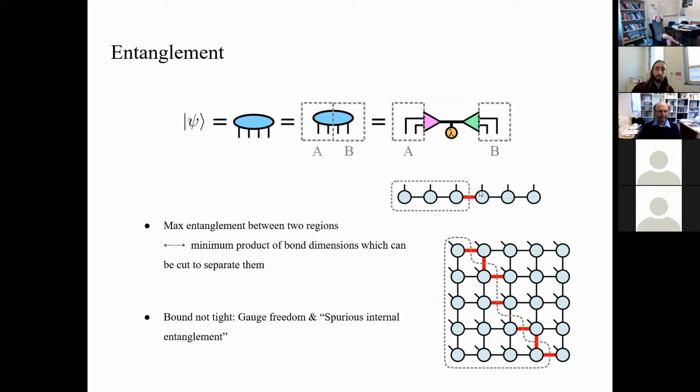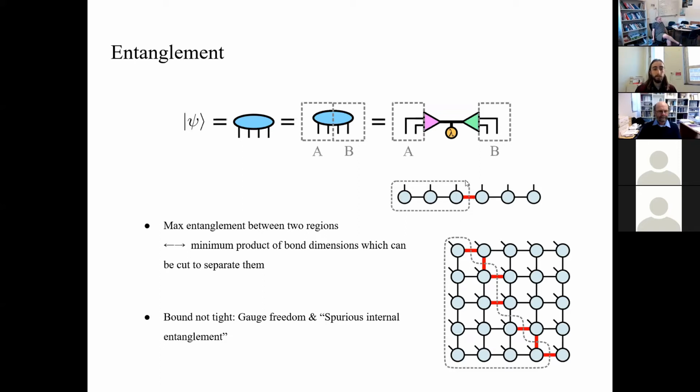The maximum entanglement which can exist across a cut in a tensor network is determined by the product of bond dimensions across the cut. So we can imagine grouping these sites and taking an SVD from these to the other sites, or in a 2D tensor network doing the same thing. And then this interior bond here, which supports the singular values, is just the product of these red bonds.